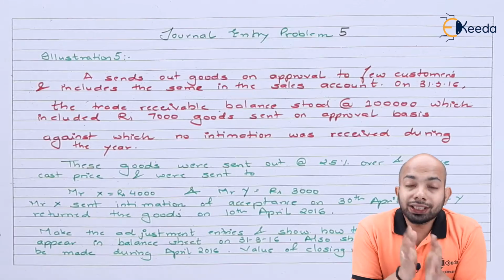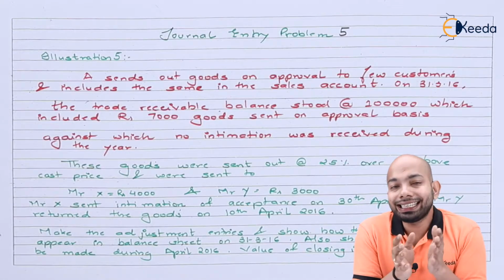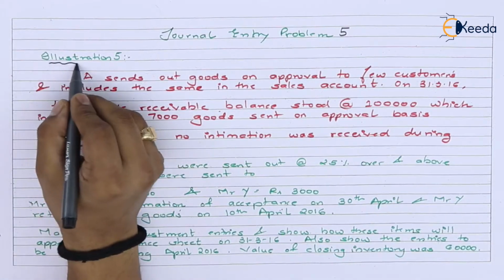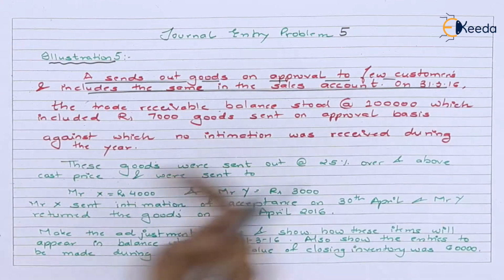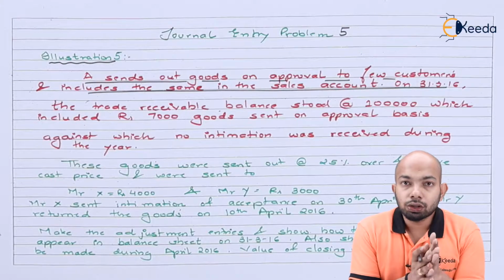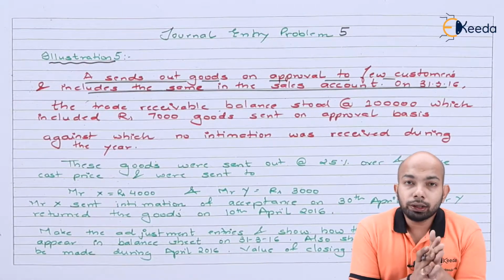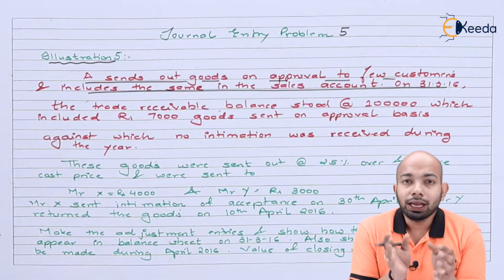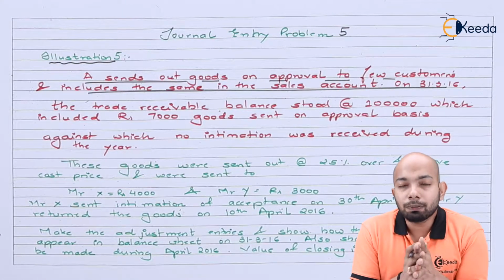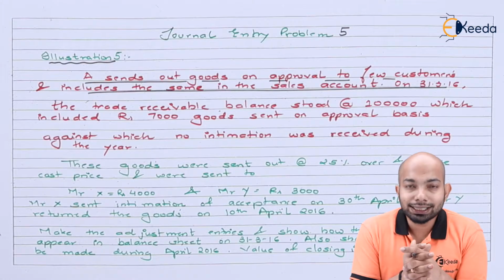Let's hit it. So the illustration has been mentioned here. Let's read it out for your reference. A sends certain goods on return or approval basis to some of his customers. Few of his customers he sends out to, and records it in their books on 31st of March 2016.